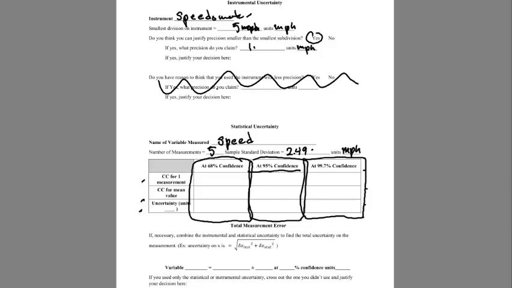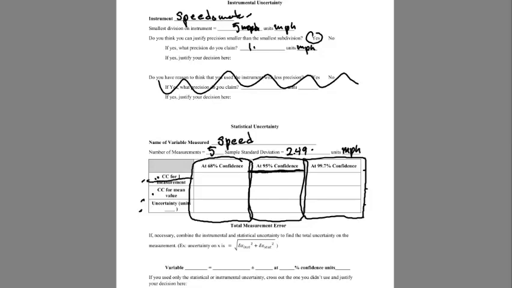So the thing we need to find first is what is the confidence coefficient for one measurement? Now, you don't actually care about predicting what the velocity of your friend will be at any one time. You're looking at their speed and trying to predict what their speed will be for one other time later. That's not something you're interested in. You're interested in using their mean value and understanding how much that mean value changes and making predictions off of that.